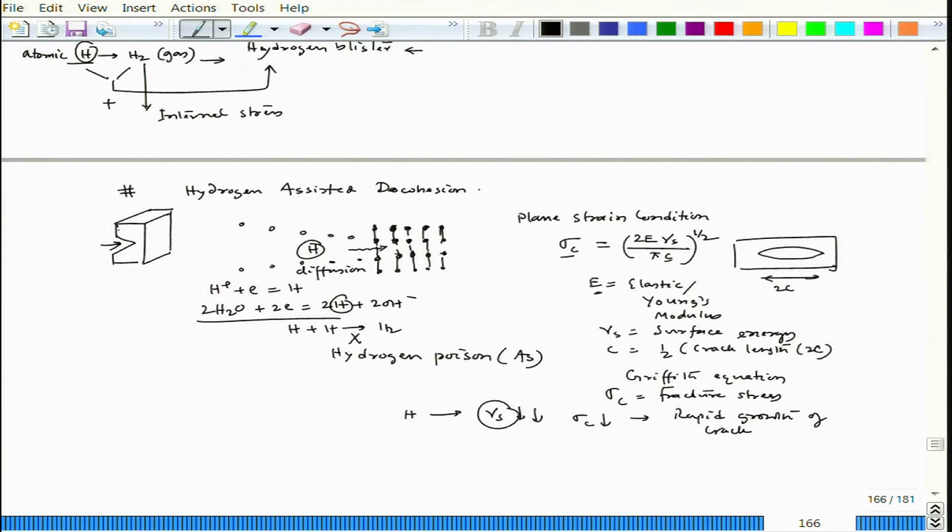This is as per the hydrogen assisted decohesion model, where rapid fracture growth happens due to lowering of surface energy, and that happens due to decohesion between two atoms, the bond decohesion. Okay. So this is the hydrogen assisted decohesion. There could be another model, like hydrogen embrittlement.